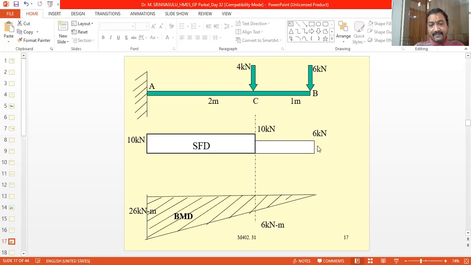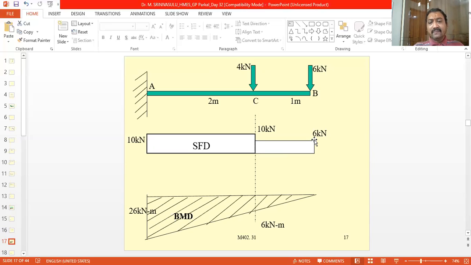Here we have to take some scale, for example, 1 kilonewton is equal to 1 centimeter, or if the value is more, 1 kilonewton is equal to 1 millimeter. Like that, we have to take some proportional scale. And 6 kN is equal to some length we have to draw proportional to the 6 kN.